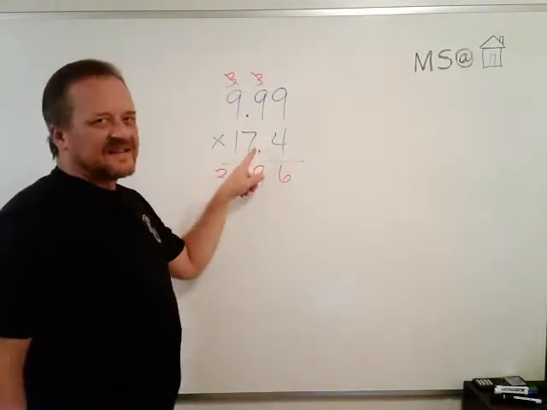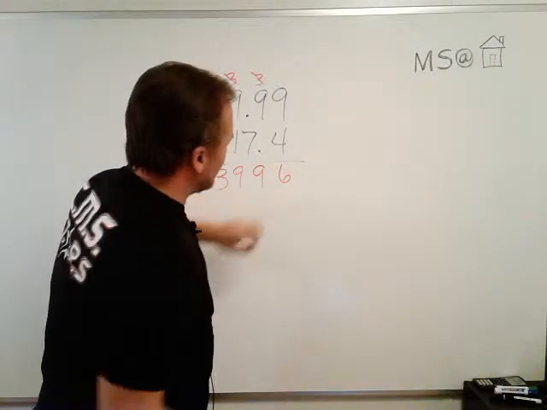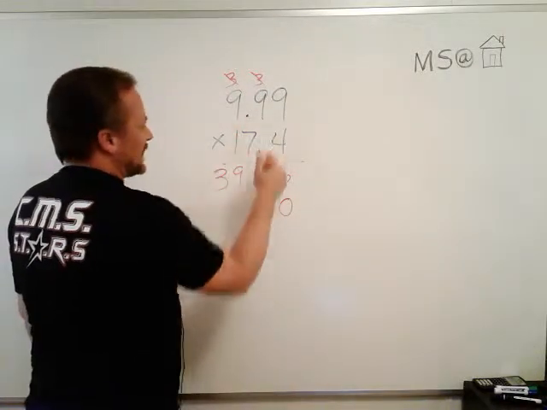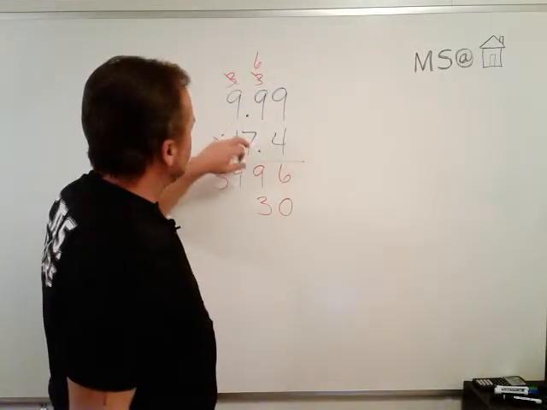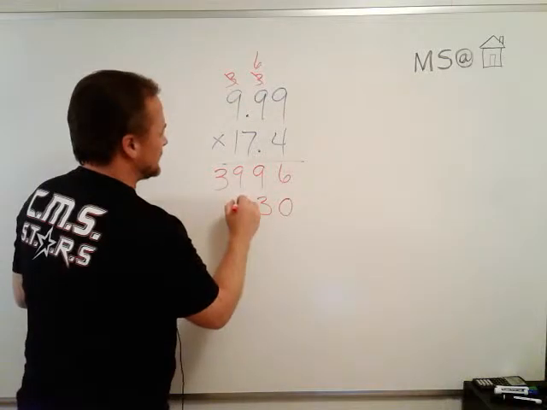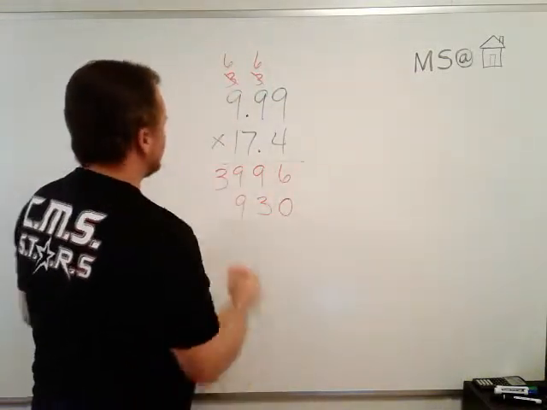If this decimal wasn't here, this would be in the tens place, right? So we can't put any answers in the ones place. We'll put a 0 as a placeholder. 7 times 9 is 63, so carry that 6 up there. 7 times 9 is still 63, but this time we have to add that 6, so 69. And same thing.